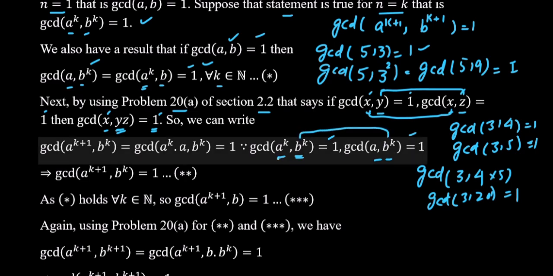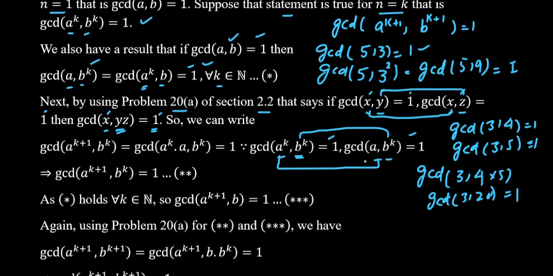So we can multiply the two different numbers, A^k and A. According to this property, B raised to power k is the same in both, and we multiply the two different numbers, A raised to power k and A. So this becomes A^k times A, which is A raised to power k plus 1, and B raised to power k. So we have GCD of A raised to power k plus 1 and B^k is equal to 1. Say this is double star.